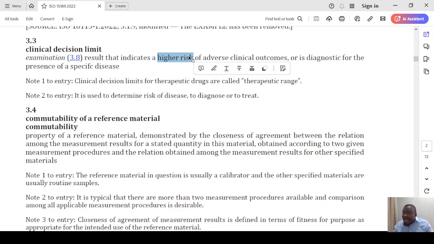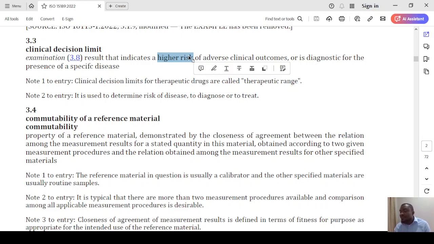Okay, and there are other decision limits that go beyond low and high, or normal and pathological. Some of those other limits are what we call the critical values. That is also a decision limit, because when you go below the critical value, it means that now the clinician has to do something urgently to address your condition.